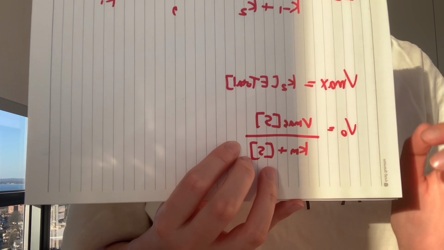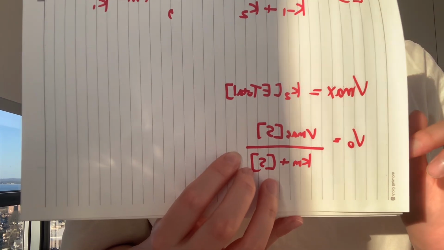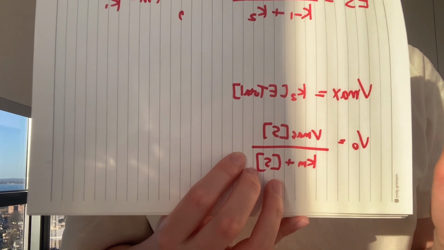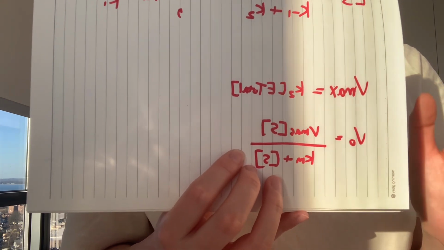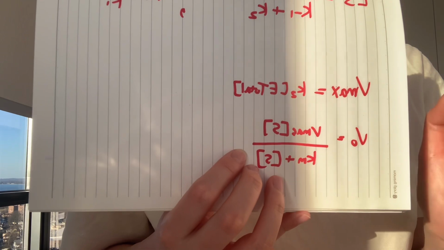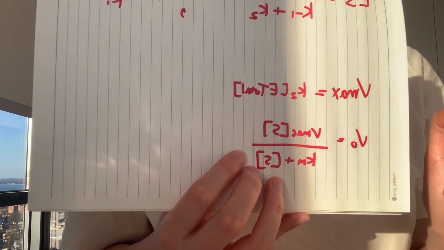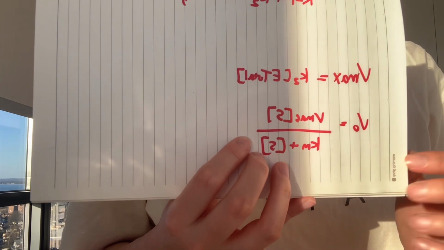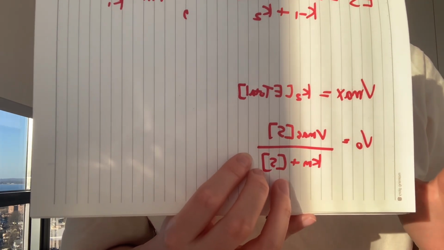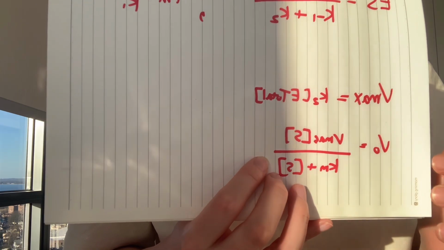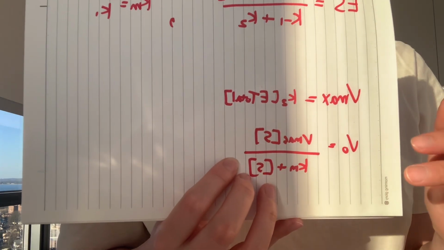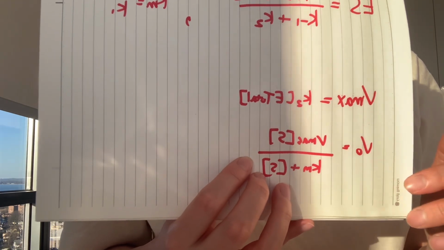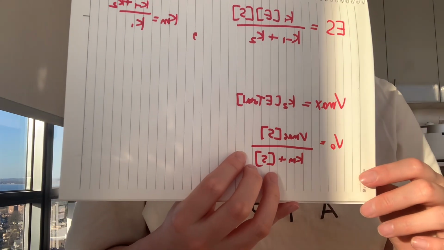In summary, we have walked through the derivation of the Michaelis-Menten equation, highlighting the key roles of Km and Vmax in enzyme kinetics. Understanding this equation allows us to predict how changes in substrate concentration influence the rate of an enzyme catalyzed reaction.